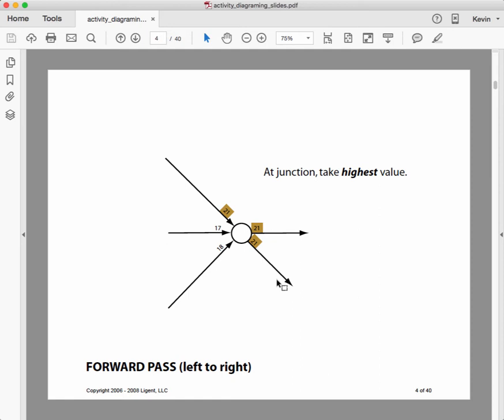And in the forward pass, when we're going from the left to the right, we take the highest of the values that are coming into the node, and we use that as the value going out of the node. So you can see that of 21, 17, and 18 coming into the node, the highest is 21. So that becomes the early start of the activities that are coming out of the node on the right-hand side.